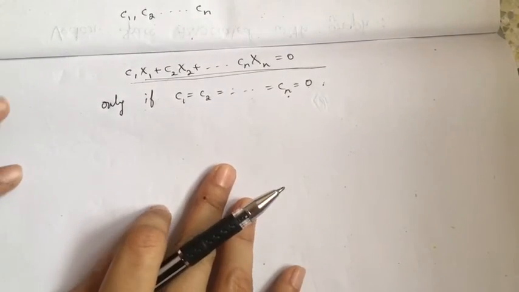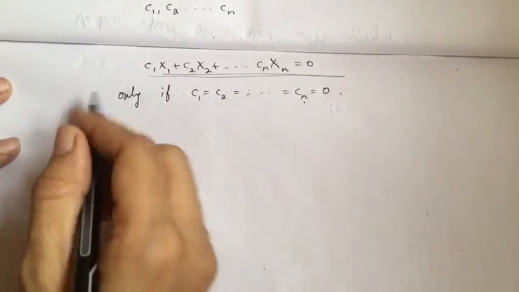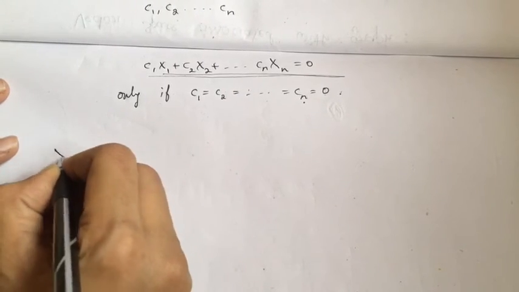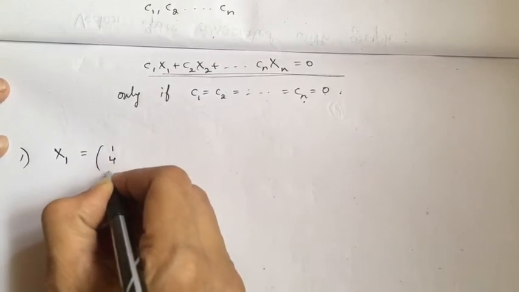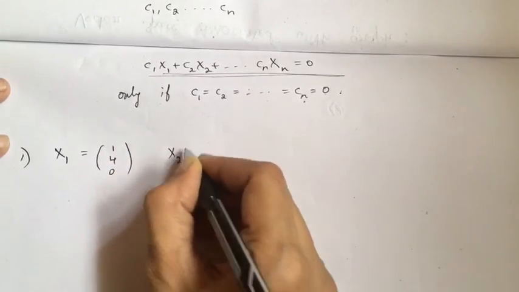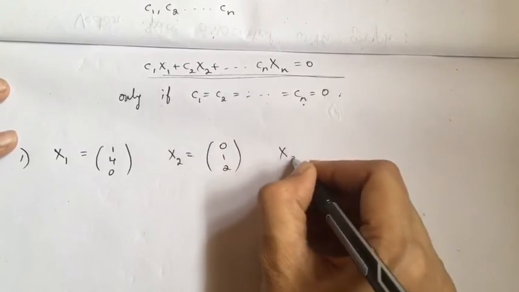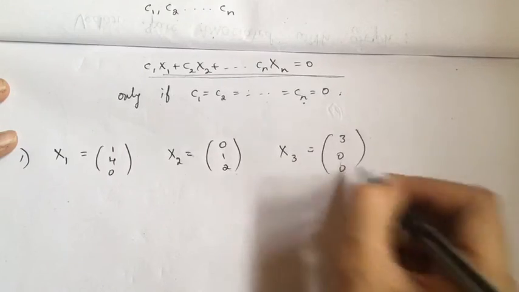For example, I can check whether a set of vectors is linearly dependent or not. Say x1 is 1, 4, 0, x2 is the vector 0, 1, 2, and x3 is 3, 0, 0.